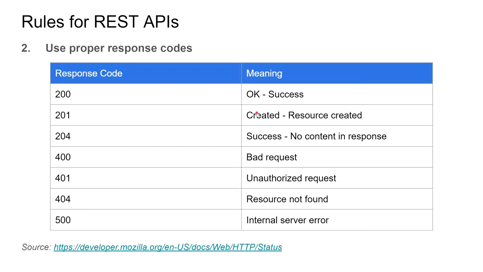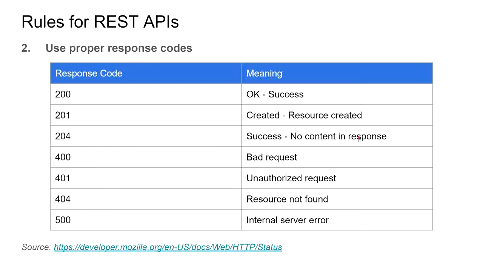So in case of a POST API, you would use 201, and for others like GET and update, you would use a 200 response code. Then there is 204, which means success and there is no content in the response.